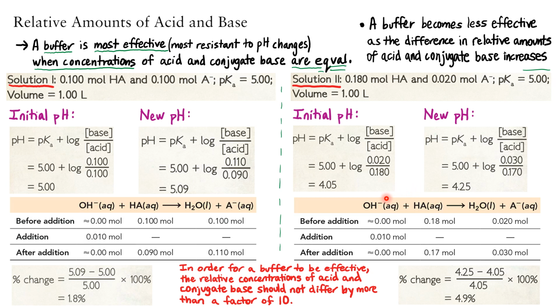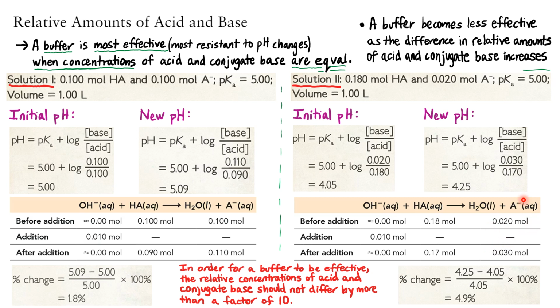And now let's say you add a certain amount of base contaminant, strong base, to this buffer. And notice we added the same amount as in solution 1 and solution 2. It's the same thing, except now the initial concentrations have changed. We went from 0.18 to now 0.17 as a result of adding that base.